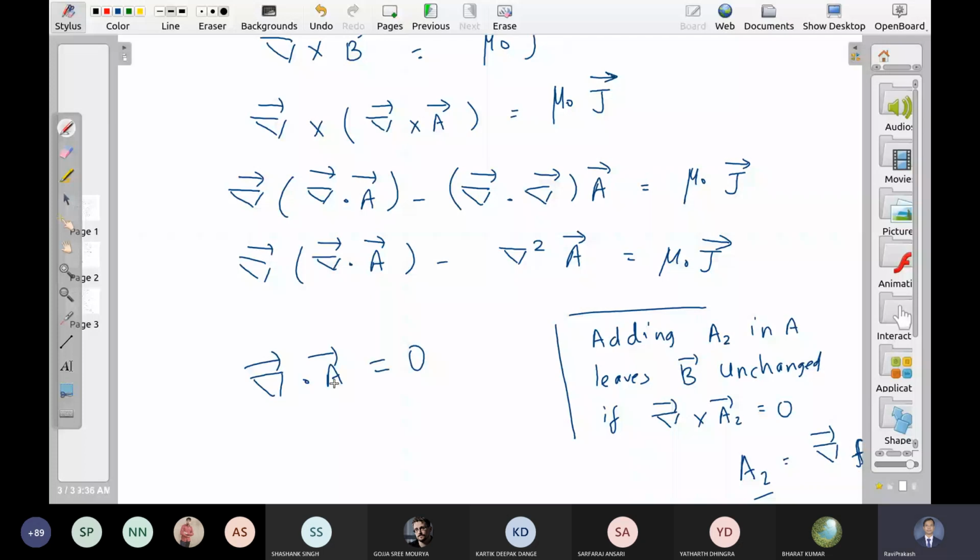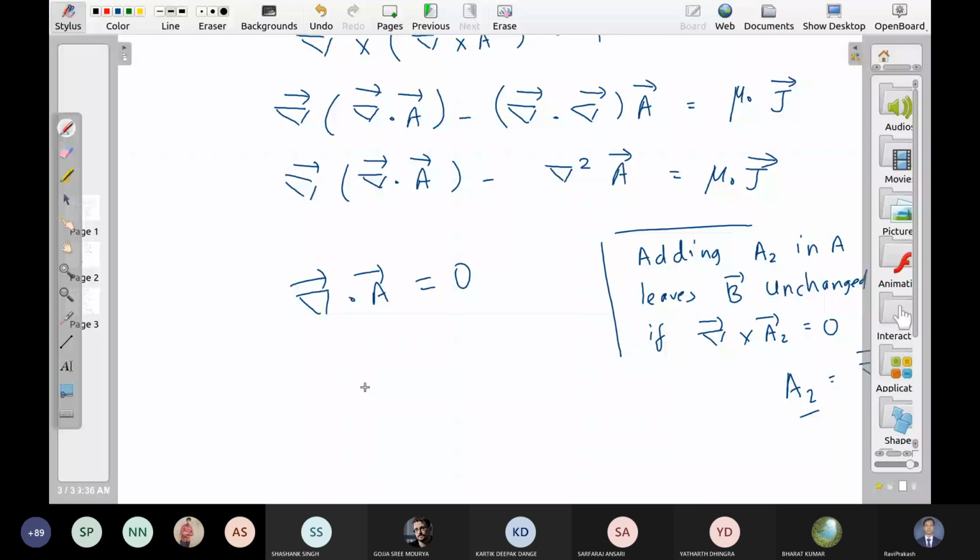So if I choose such a vector potential, how do I find A in terms of current? Using this equation. So these are the conditions for the vector potential.